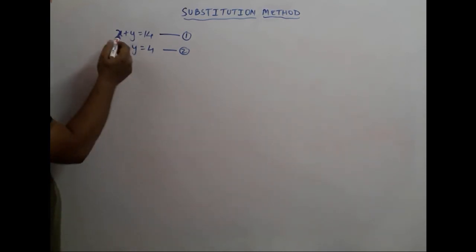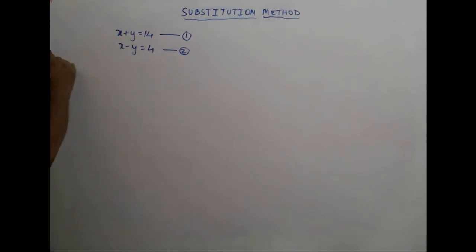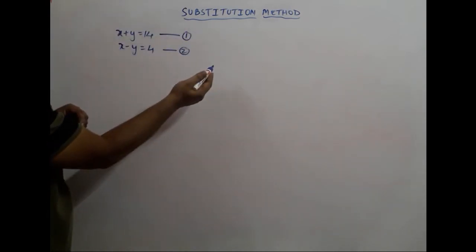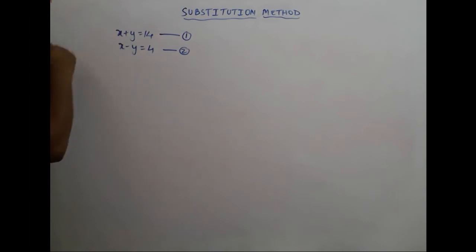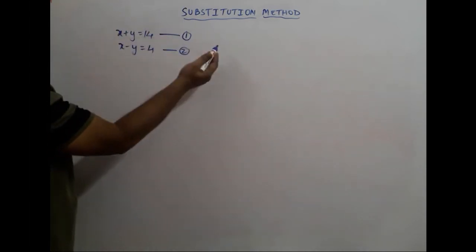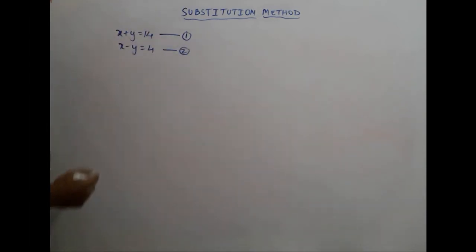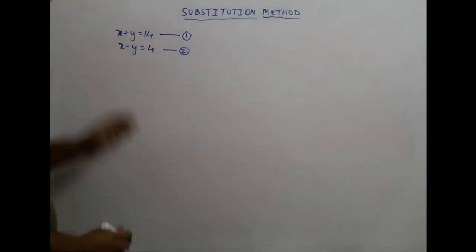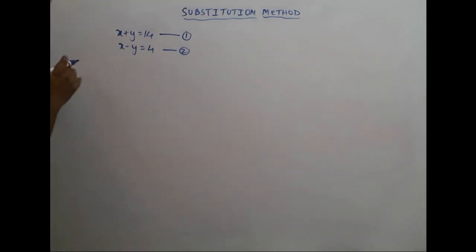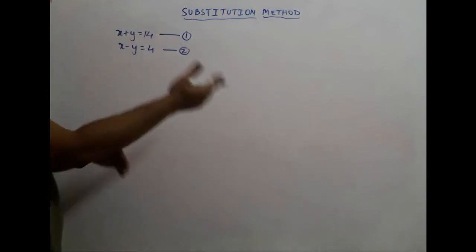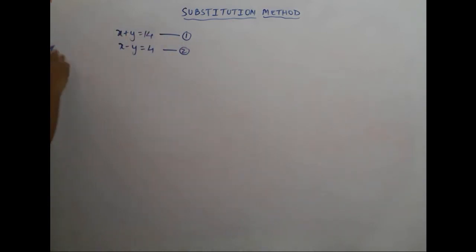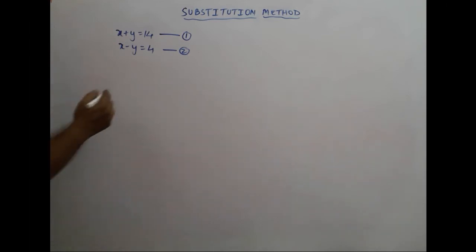If we want to, we can keep x on the left hand side and take y on the right hand side, or we can keep y on the left hand side and take x on the right hand side. You can choose. There is no need to always keep x on the left and y on the right. You can choose which one you want on the left or right, up to you.